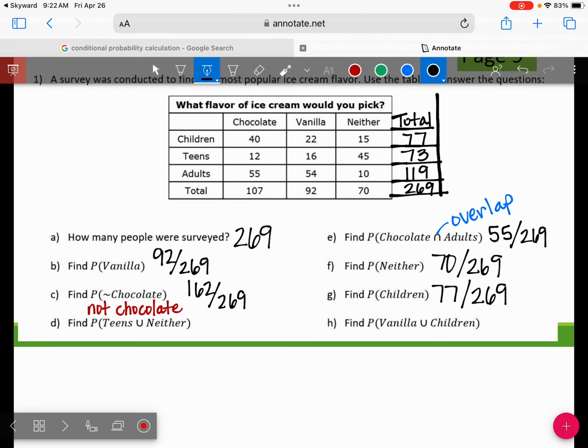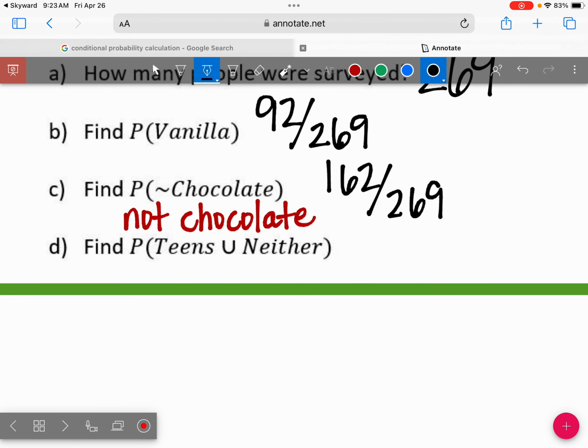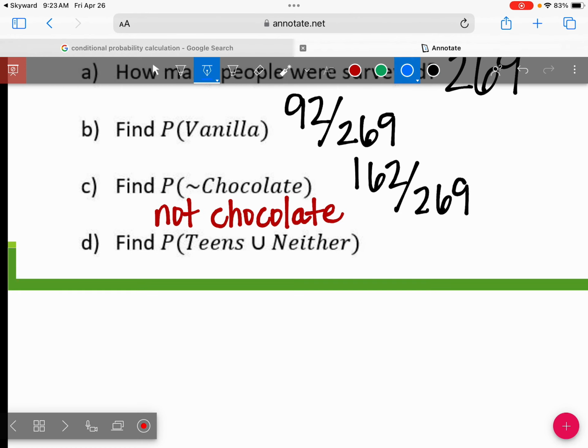All right, so now let's go ahead and do these two at the bottom. This is the one that has the formula because this means or. So I'm going to write it out. For question D, you have to count up the teens plus the people that said neither, and then you're going to subtract the overlap.